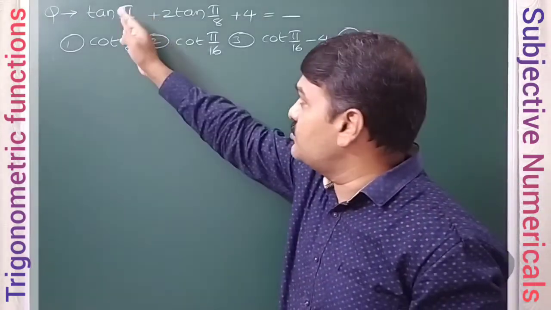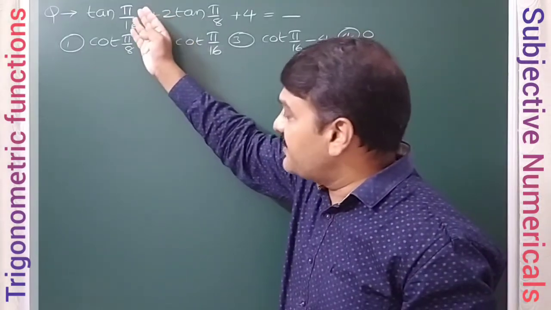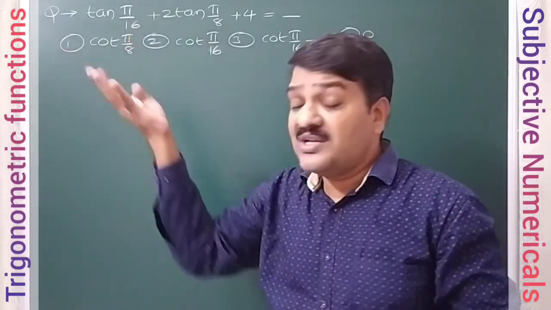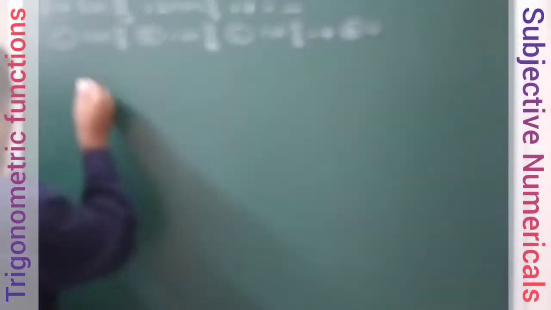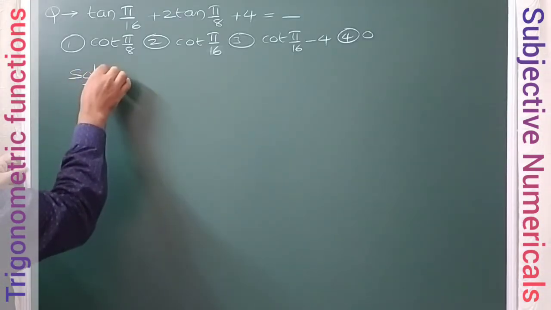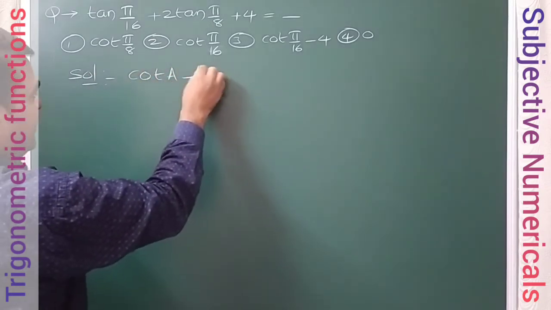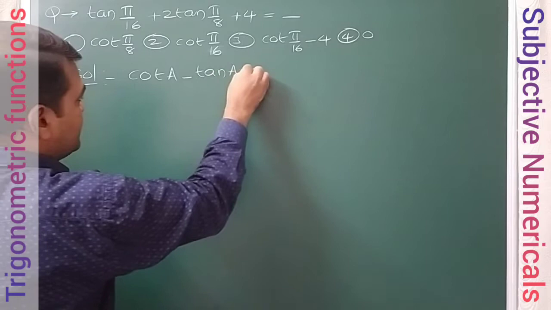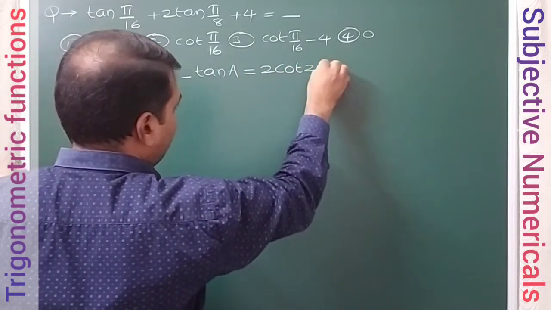That means you have to somehow derive a formula for which this tan function can be expressed in terms of cot. So how to get that formula? We know that cot A minus tan A is equal to 2 cot 2A. This is the standard formula we have.